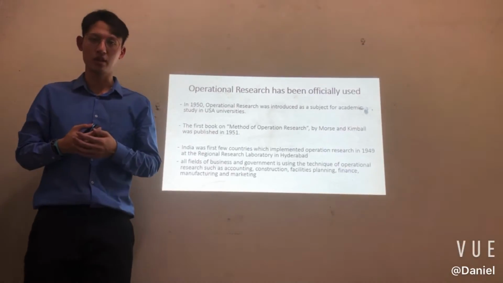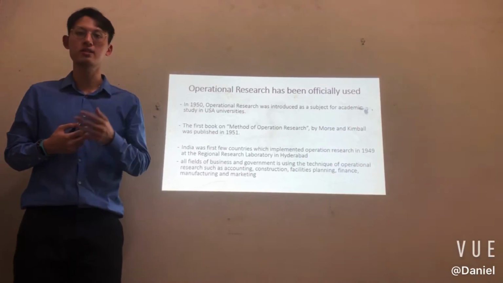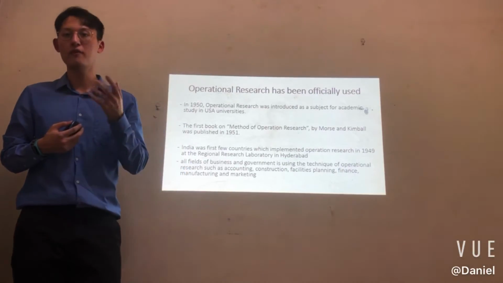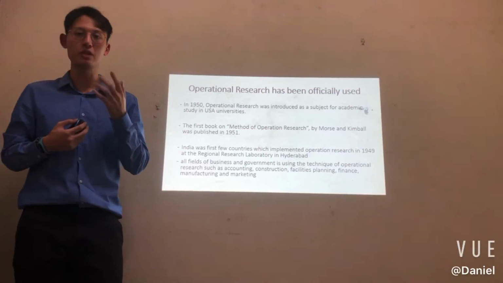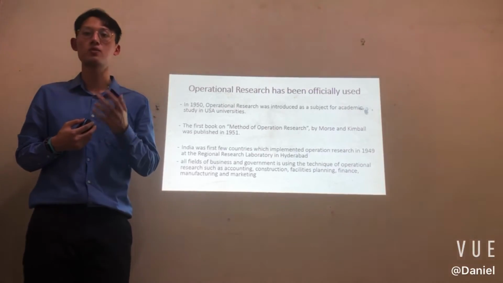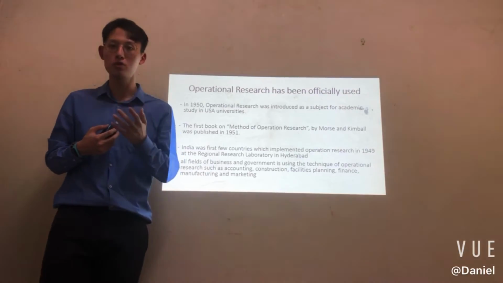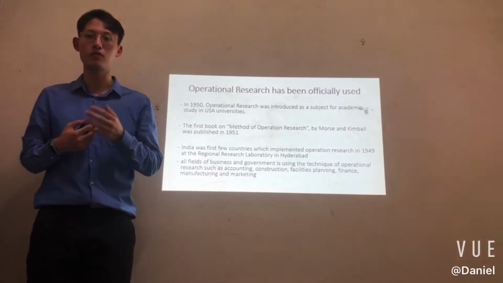In 1950, operational research was introduced as a subject for academic study in US universities, in the fields of engineering, public administration, business management, and so on. The first book on methods of operations research, by Morse and Kimball, was published in 1951.